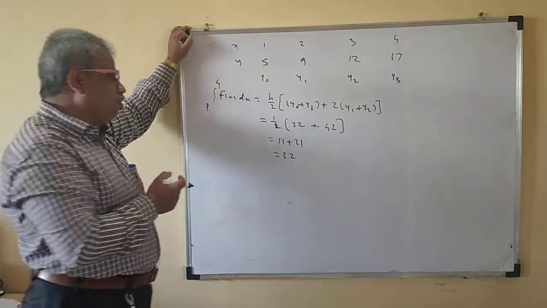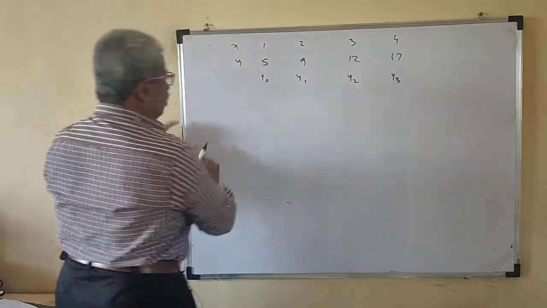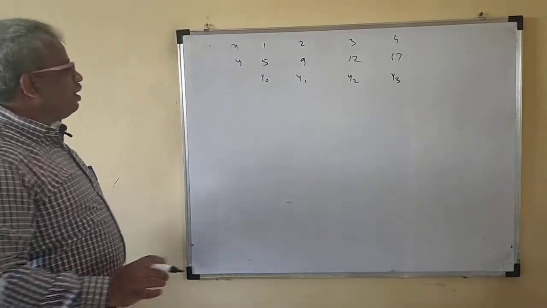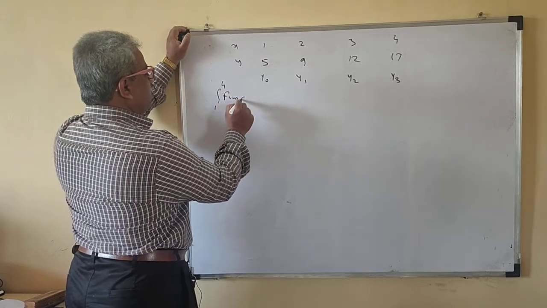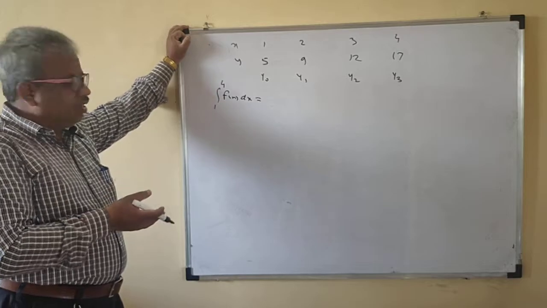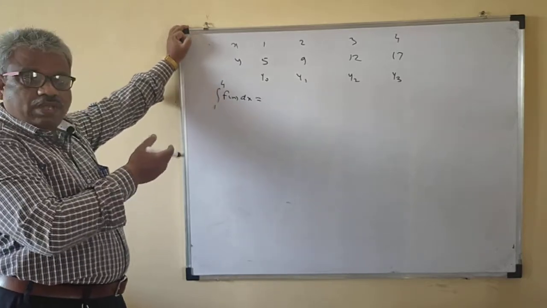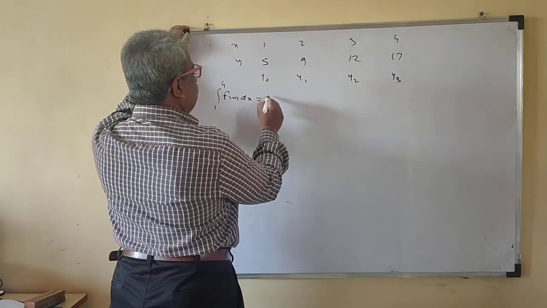Now, if you want to solve this with the Simpson 3/8 rule, because Simpson's one-third rule is not applicable here, this is the integral from 1 to 4 of f of x dx, or the area under the curve bounded by x equals 1 and x equals 4.